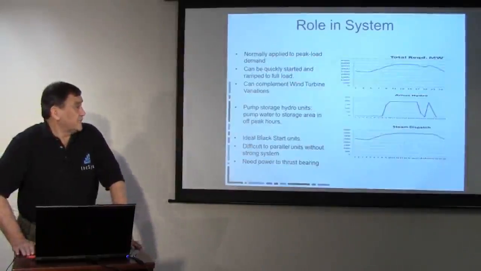So hydro plants can be used in two types of modes. Basically, we'll get to this in the dispatch section, but during the springtime when there is an excess of water, you really want to use every possible cubic foot of water flowing down. Otherwise, you're spilling it, and so you're literally wasting it. So under springtime conditions, you may be running that power plant like a base load unit, flat out the whole time.